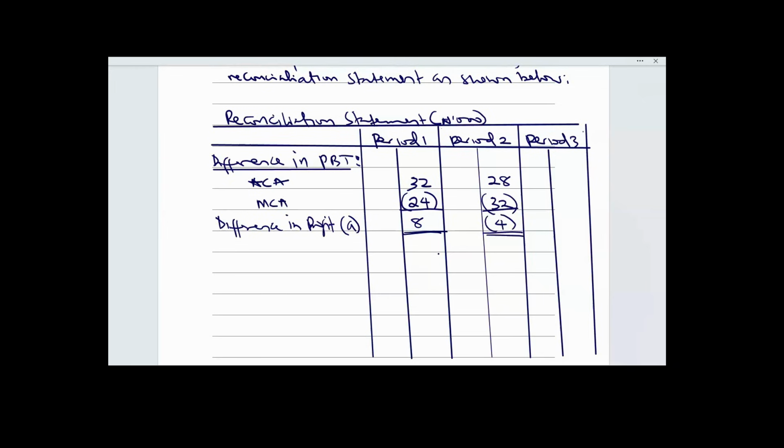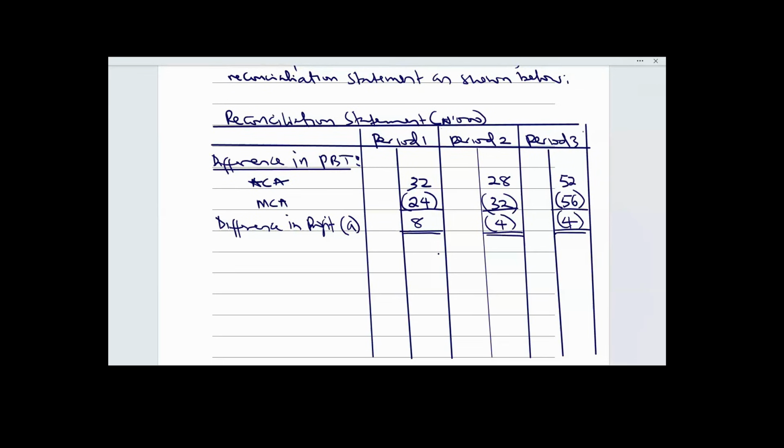Then in period 3, ACA, profit before tax, 52. MCA, 56. And the difference is 4,000 negative. So that's that. We have found the difference in profit for each period.